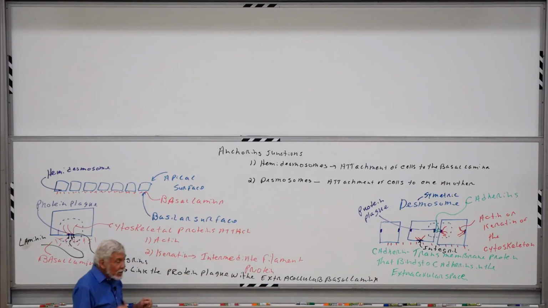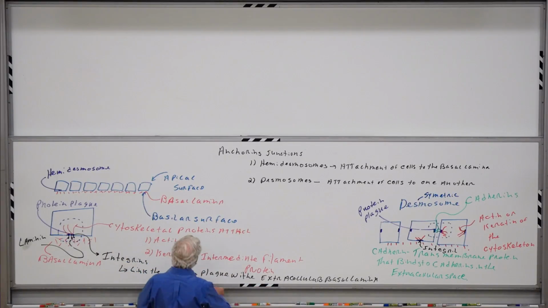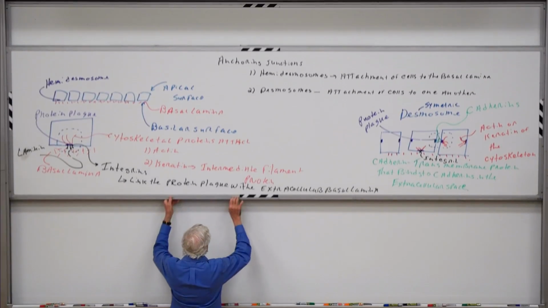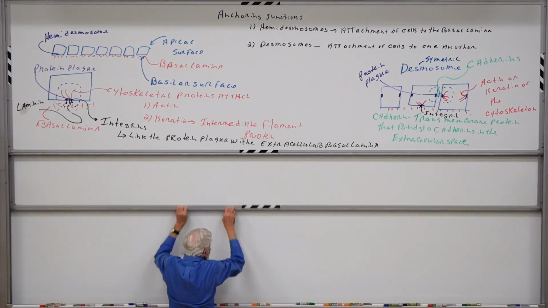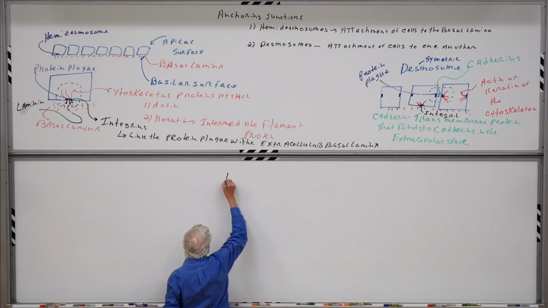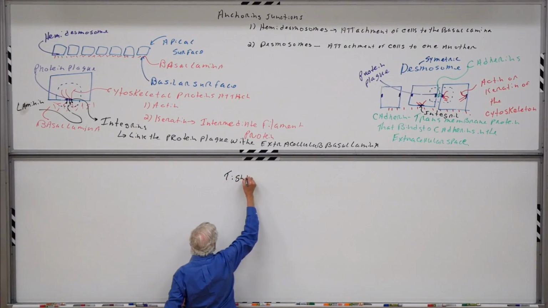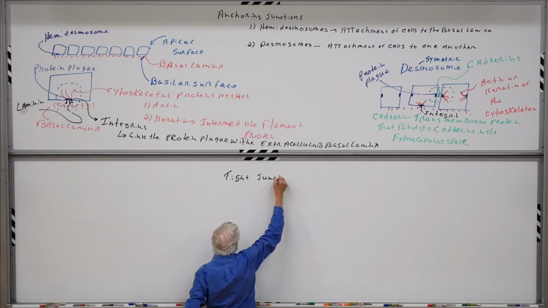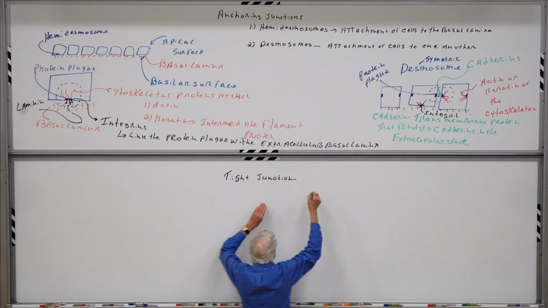Better move on. So the next type of junction I want to spend a moment on is the so-called tight junction. The tight junction is a type of occluding junction.